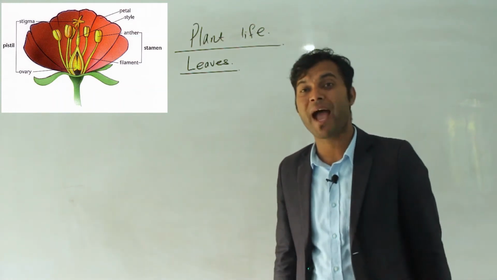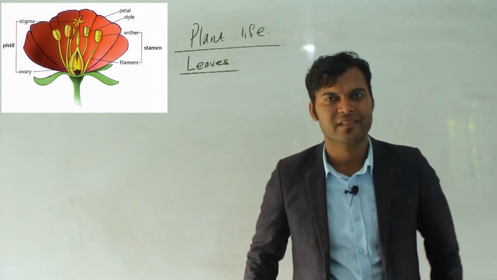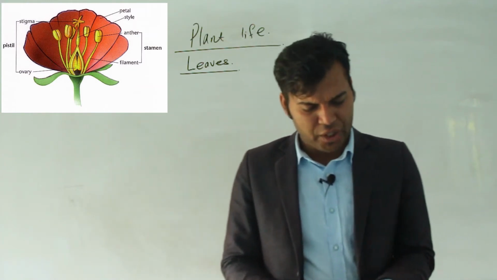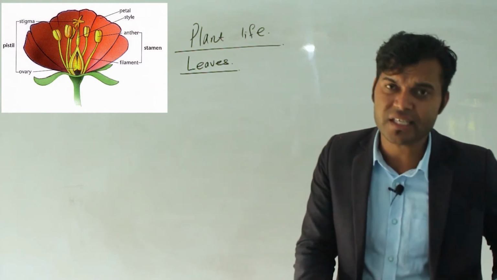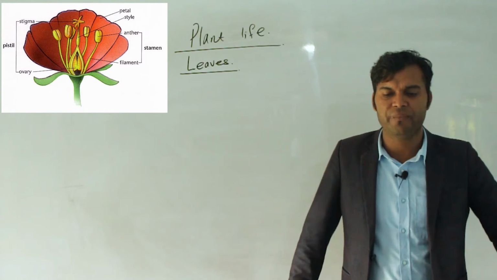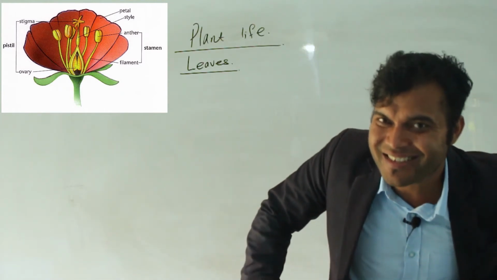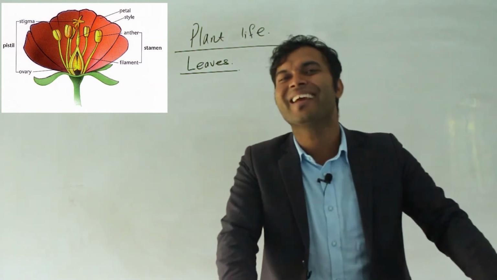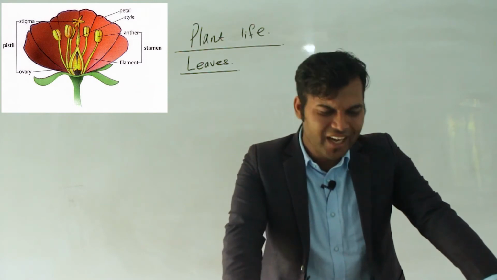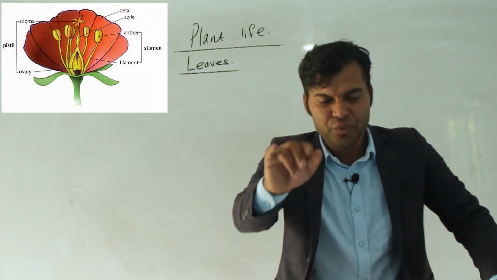Please see the diagram. It is supported at the base by a stalk. The anther has the dust or grain called pollen grains. Stamens, isn't it?